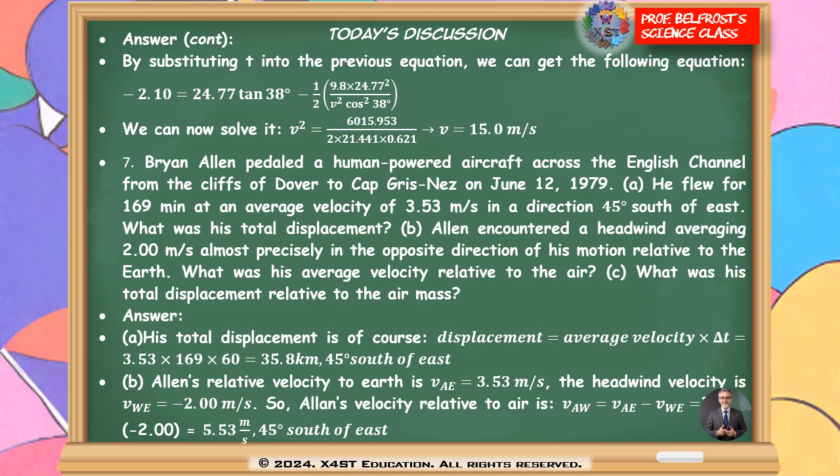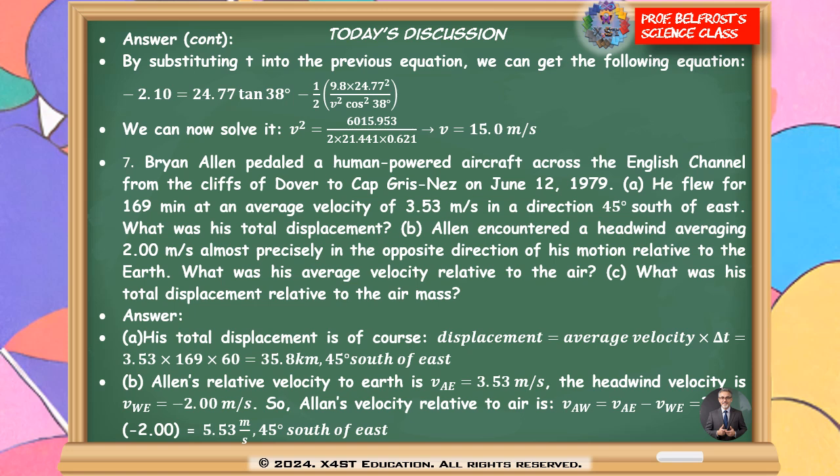Very easy actually. For the displacement, it is just average velocity times delta t. This is just the previous chapter discussion, right? So we can get it. The magnitude is 35.8 kilometers, and of course, the direction doesn't change. It's still 45 degrees south of east.